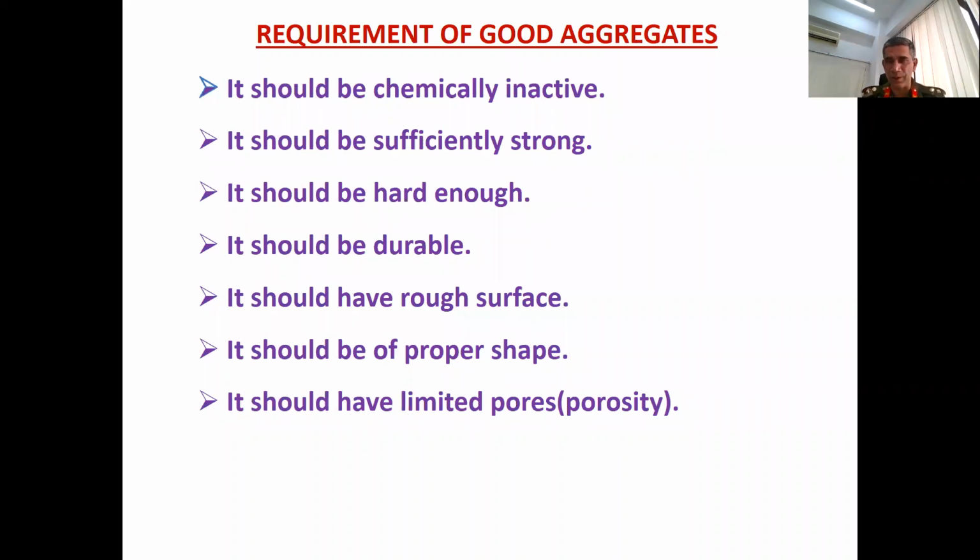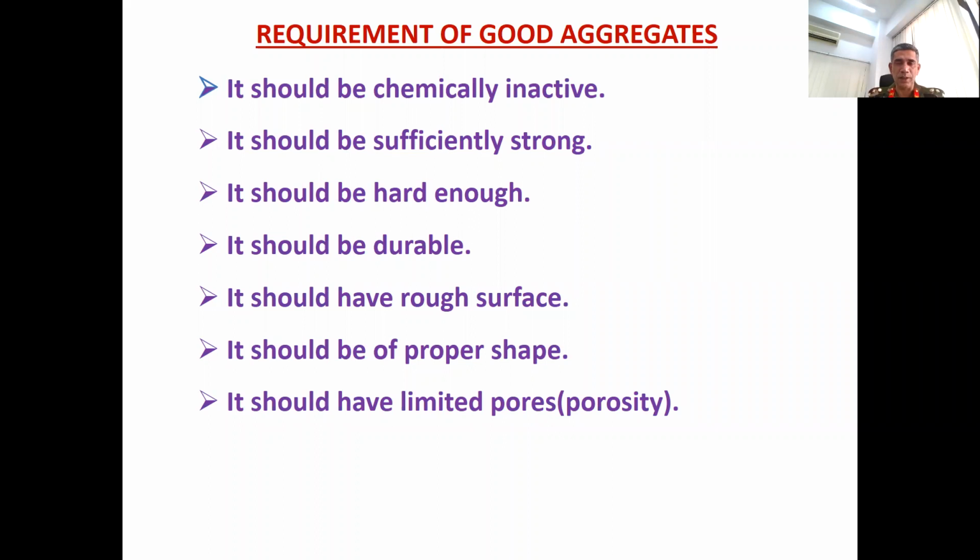What happens if the aggregate is porous? It will absorb more water, and it will also absorb more cement in the form of liquid, so it will require more cement. The water that you use in the concrete is required to make a paste, to make a bond between the aggregate and the cement.